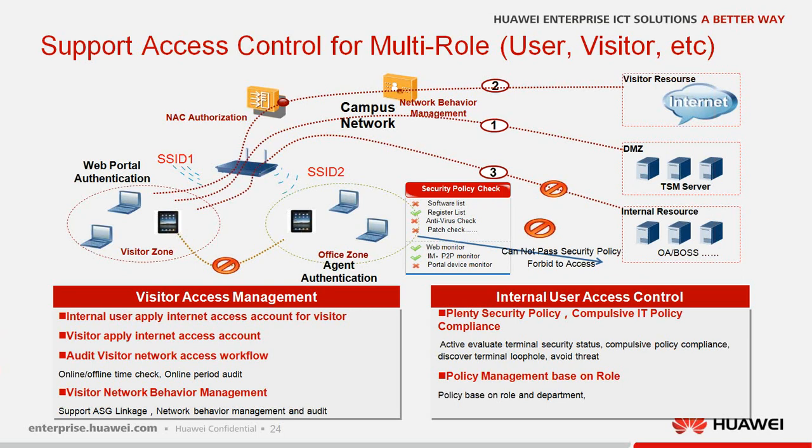We can make a security policy check from a NAC point of view, from a network access point of view. What kind of antivirus is running on the device? What kind of patches has he downloaded? Is he up to speed in terms of the latest vulnerabilities or not? What kind of IMs is he using, and whether we're going to allow it or not. So the whole idea is the system can configure policies automatically based on the role and the type of the user.